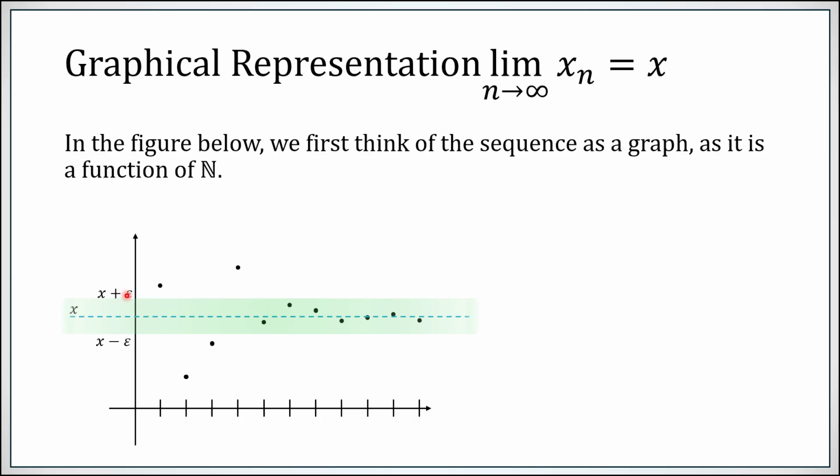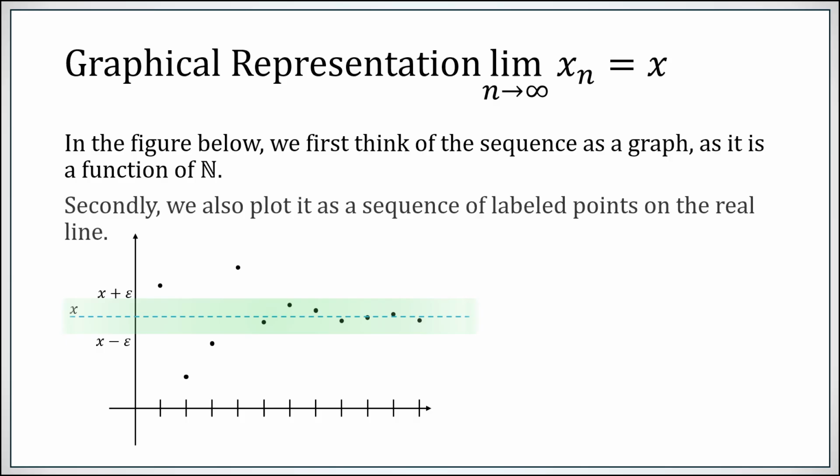And that's just for this particular choice of epsilon. You can imagine if epsilon was much, much smaller and this green tube was much narrower, you might have to go out further, not just exclude x1, 2, 3, and 4, but also x5, 6, and 7. And then maybe past that point, you're close enough. As long as for any particular choice of epsilon, eventually every term of the sequence is trapped in this tube, that's what the definition of the limit kind of represents.